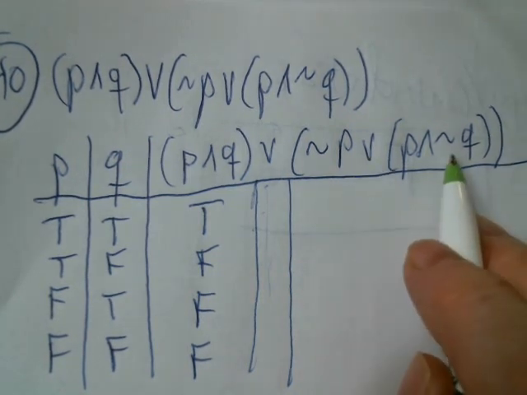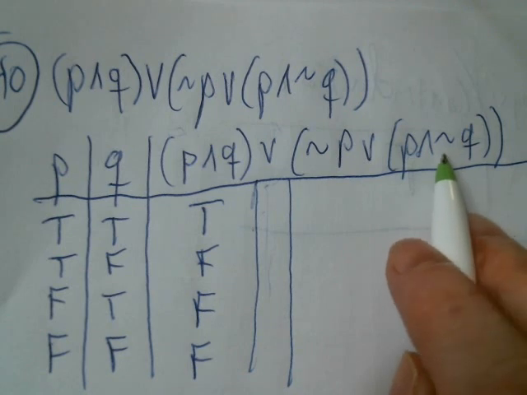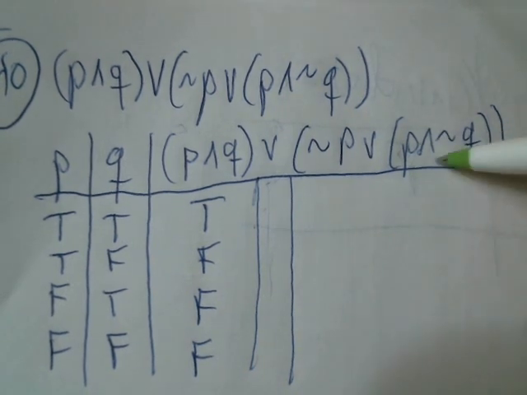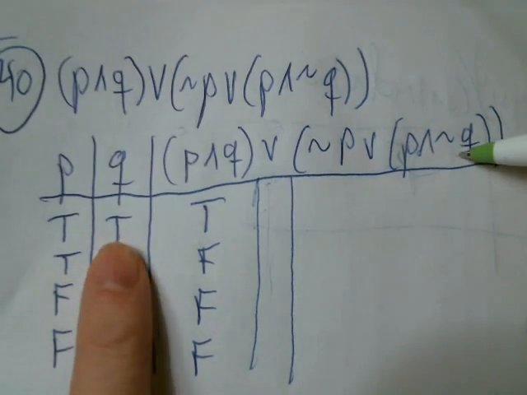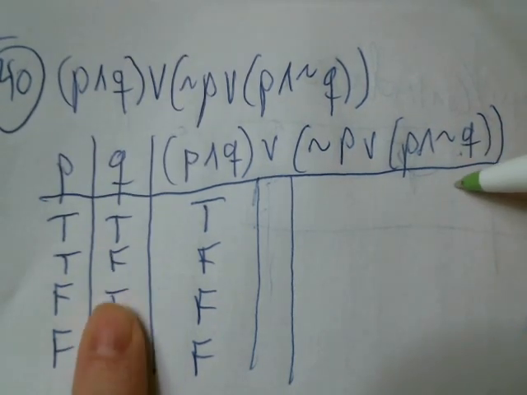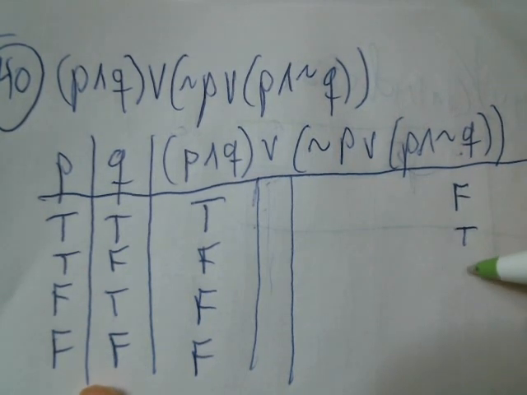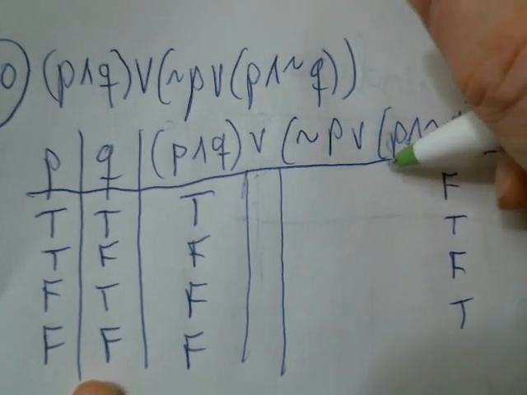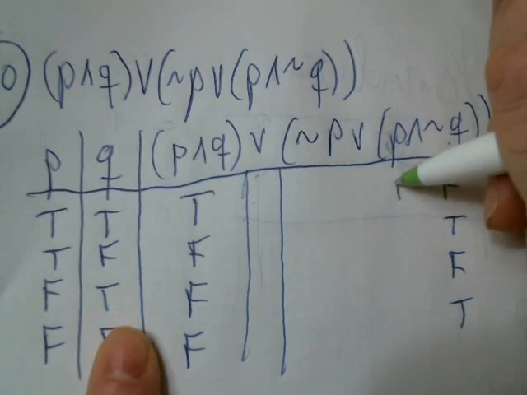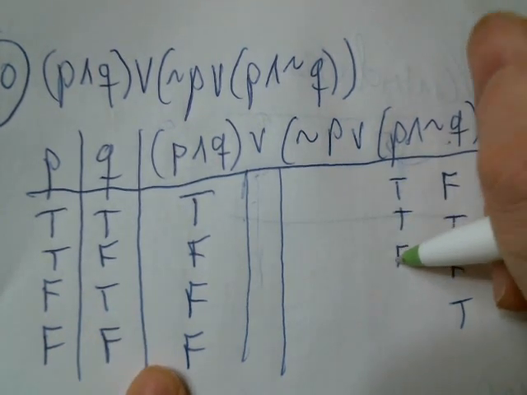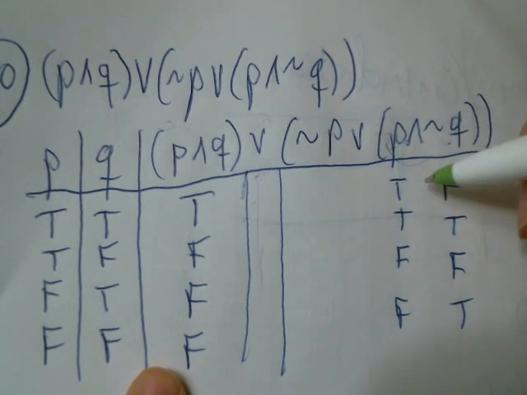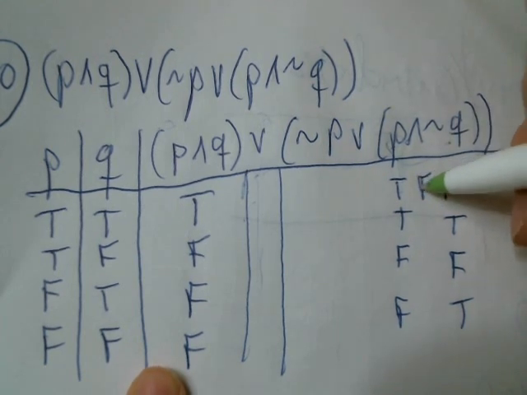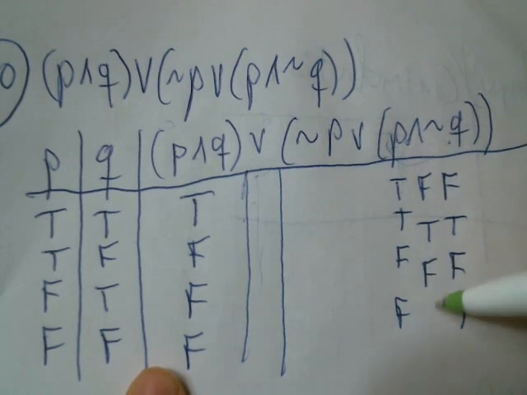You work with the inner parentheses just like you do in arithmetic. In this innermost parentheses, there's a negation, so you do the negation first. I'm negating Q, so I'll have false, true, and then I compare that with P. P is true, true, false, false, and the comparison is the conjunction, so that'll only be true when they're both true. So this is false, true, false, false.